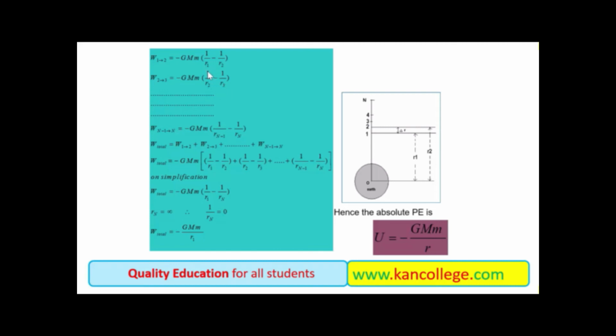So we change the distances to 1 over R2 minus 1 over R3, and similarly we move further, and when we reach between the n minus 1 point to n point, the formula will be reformed as minus G M m bracket 1 over Rn minus 1 minus 1 over Rn.